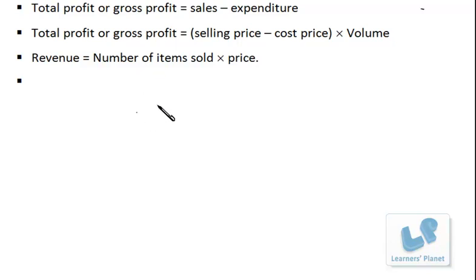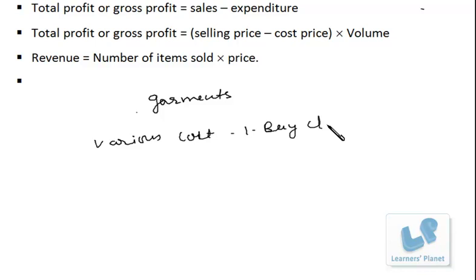Suppose a company is manufacturing garments, right? So they have to incur various costs. For example, they have to buy clothes, they have to get them stitched, packing, and apart from buying clothes, they have to buy accessories also.